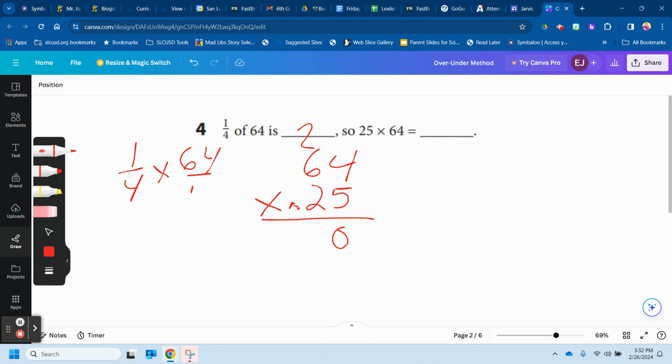5 times 4 is 20. 32 here. Now I'm thinking of 20 times 64. 2 times 4 is 8. 2 times 6, and I got to get rid of what I carried the first time. 2 times 6 is 12.